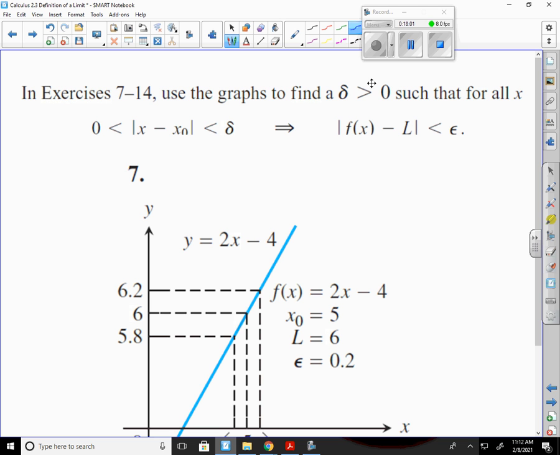Seven through 14, we're going to use the graphs to find a delta greater than 0, such that for all x, same as we've been doing.